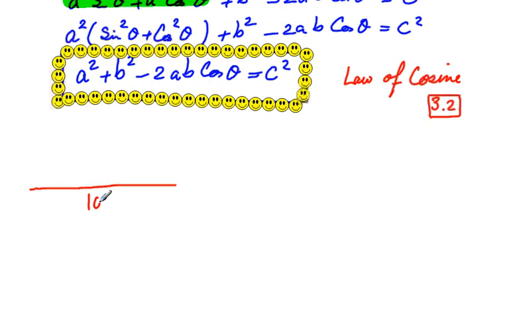This is, say, 10 miles long, and there is another road here, and that is, say, 7 miles long, and the angle here happens to be, say, 60 degrees. What we want to do is to find out how long the road is going to be if it goes from here straight to this point. That's the question.